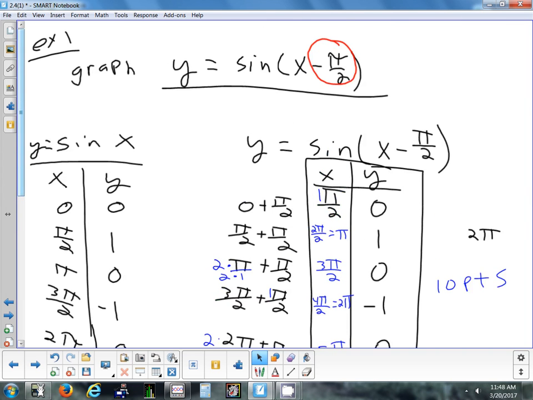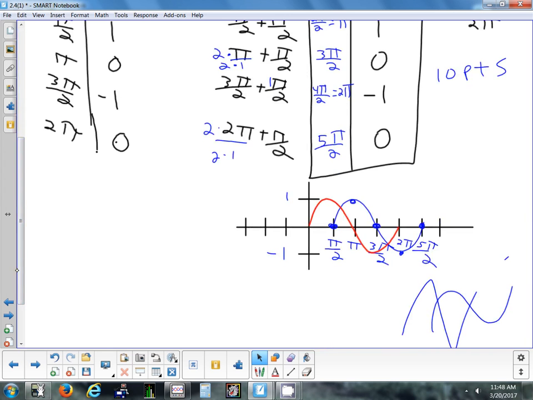Subtracting should shift it to the right. So the graph in blue is the final answer. I give you 2 points for the graph, and then 10 points for the table. So a problem like this is usually worth 12 points on the test.